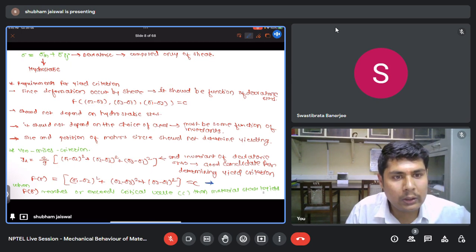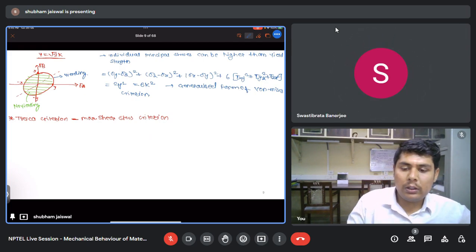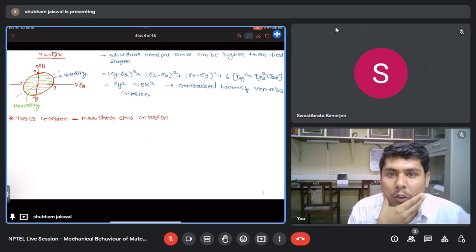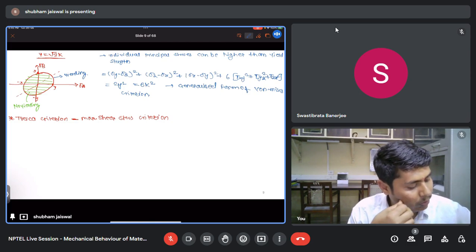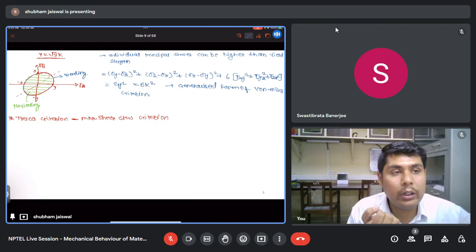For the time being, just remember that equation, and if we assume any stress to be zero, then we get the equation of the ellipse, and we can draw the ellipse like this. I will explain it in more detail in the next session.